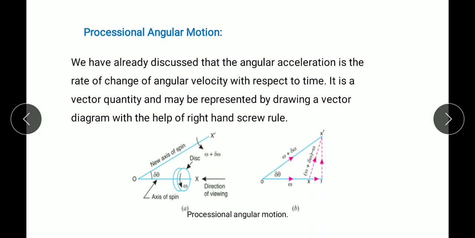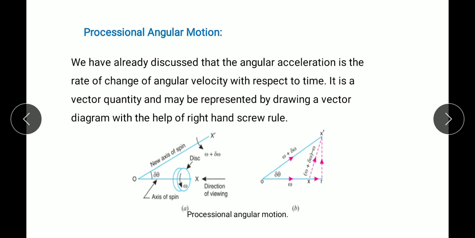Consider a disk, as shown in the figure, revolving or spinning about OX, which is known as the axis of spin. Spinning is rotating in the anti-clockwise direction when seen from the front, with angular velocity omega in a plane at right angles to the paper.